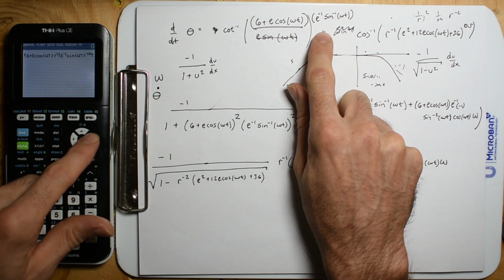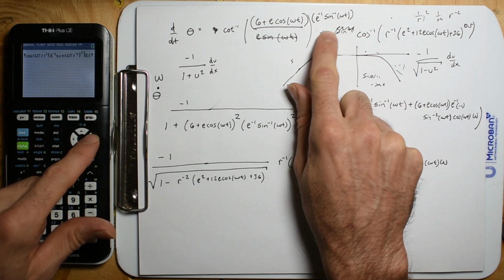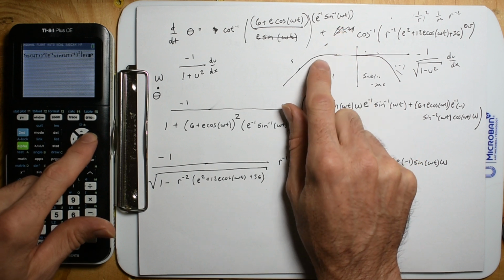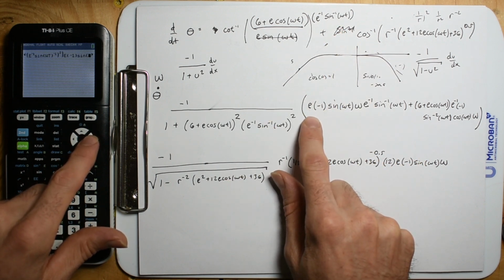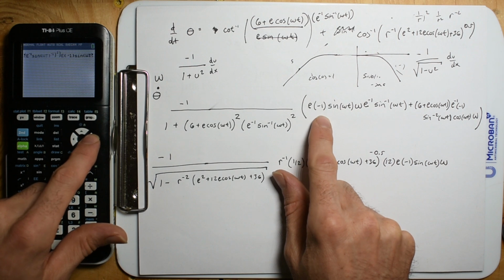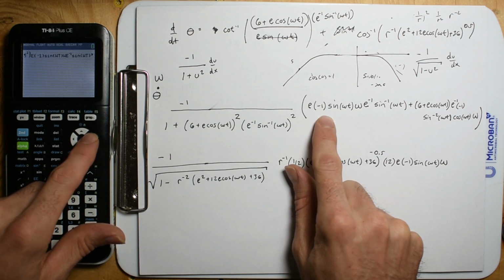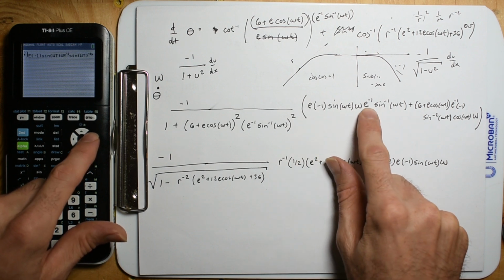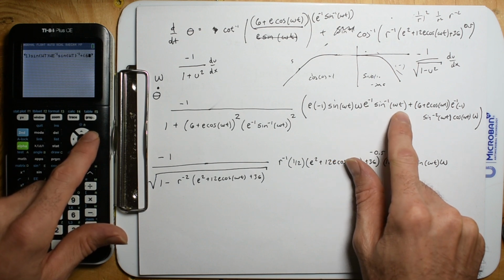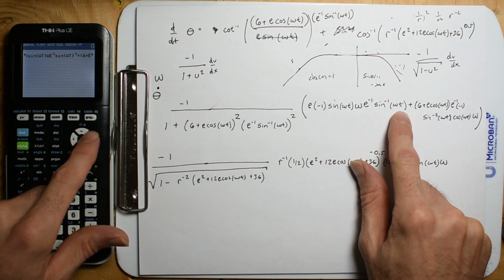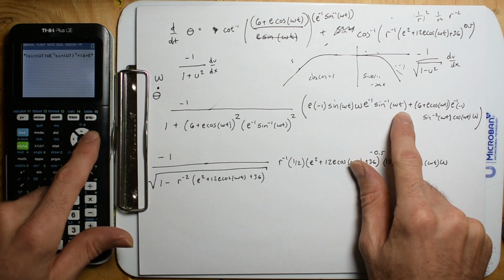E to the negative 1 sine omega t to the negative 1, and then we square it. Now we're going to multiply by e to the negative 1 sine omega t, omega e to the negative 1 sine omega t to the negative 1. Look good there.